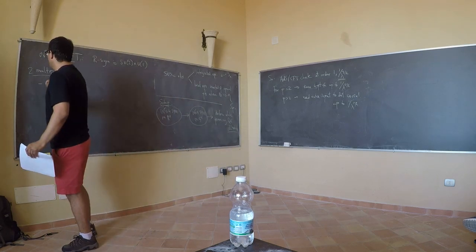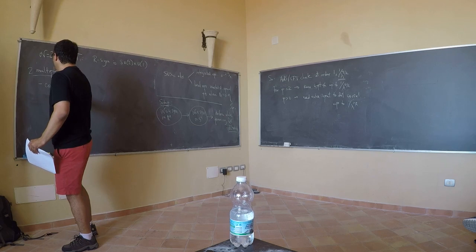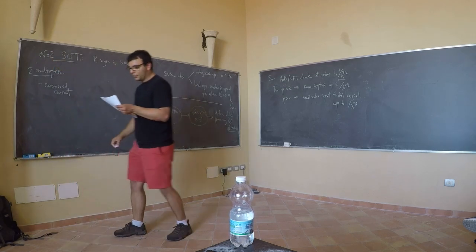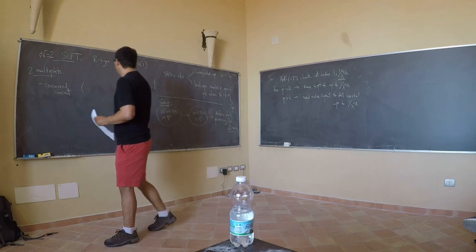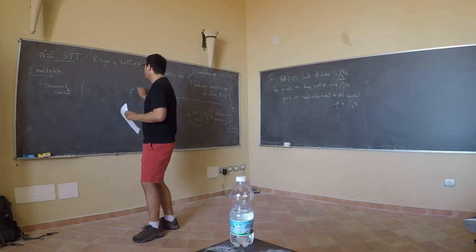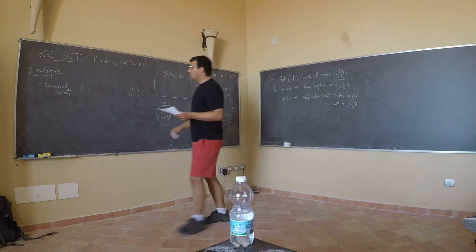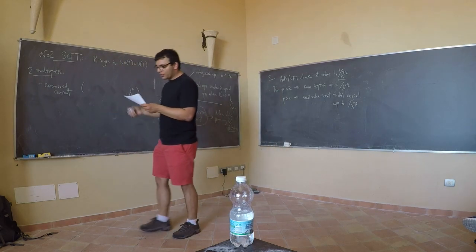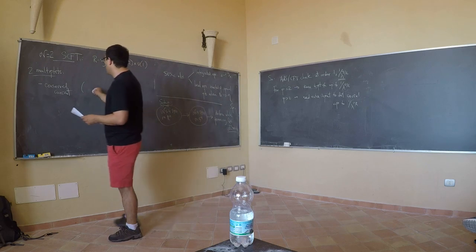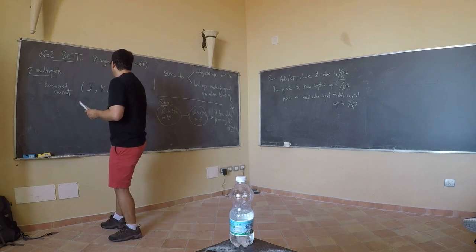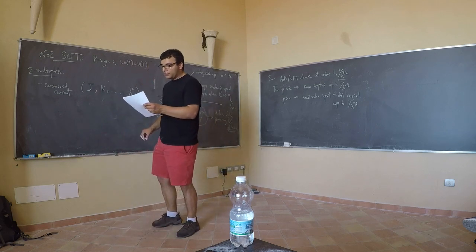The first one is a conserved current multiplet. A conserved current multiplet is going to have, among other things, a conserved current. The important operators for me will be the superconformal primary, which is a scalar, and then there's another scalar of higher dimension.